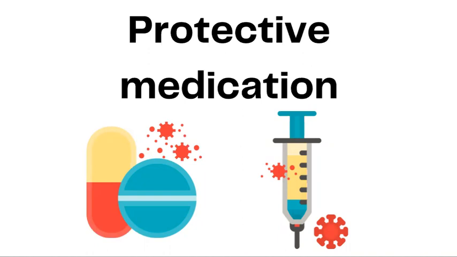High risk children who are either prematurely born, have chronic lung disease, or have certain heart disease and a weakened immune system will get the first injection at the start of the RSV season, with a monthly injection given during the season.